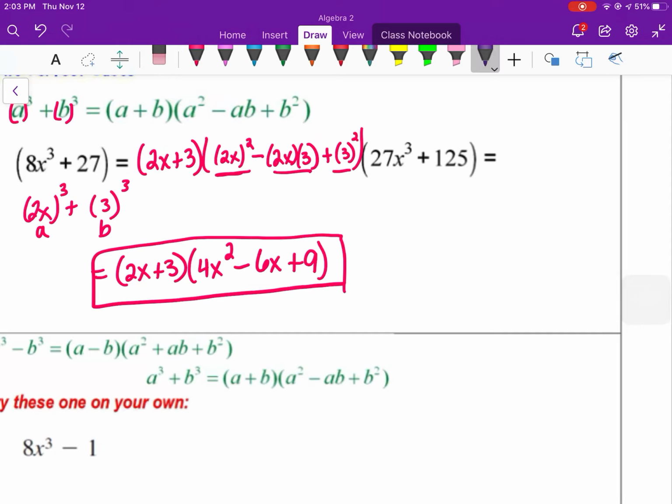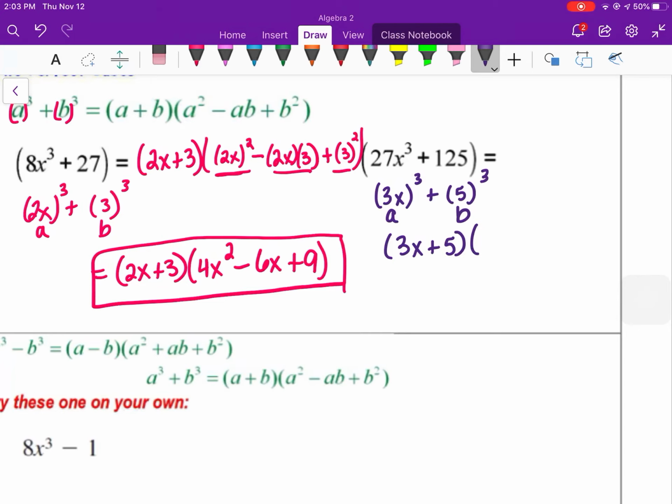So doing one more, 27 and 125 are perfect cubes. X is a perfect cube. 27x cubed is the same thing as 3x cubed. And plus 125 is the same thing as 5 cubed. So that means that my a value is 3x and your b value is 5. So then plugging it into the formula, a plus b would be 3x plus 5.